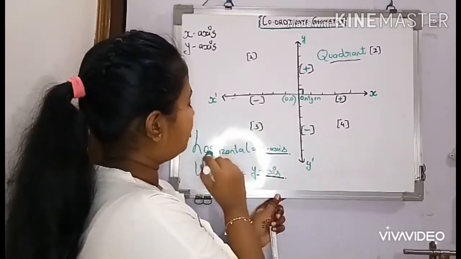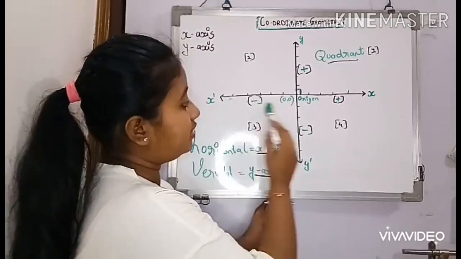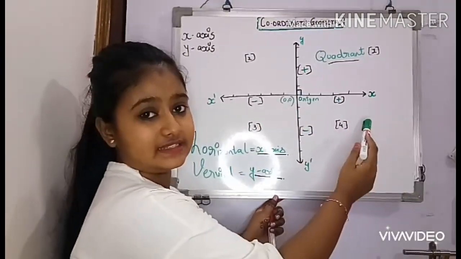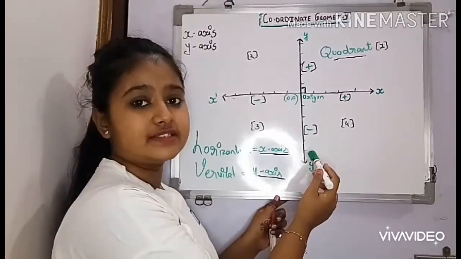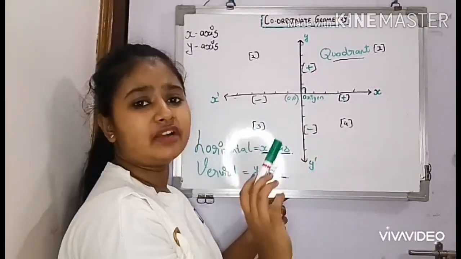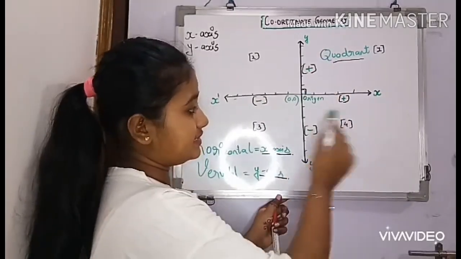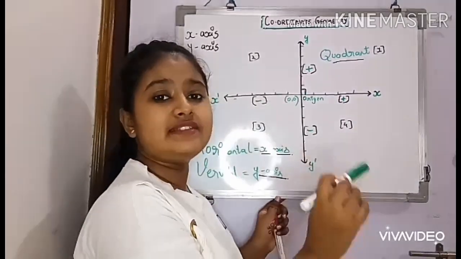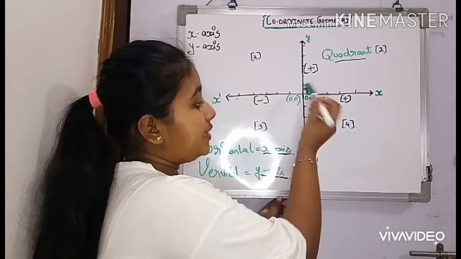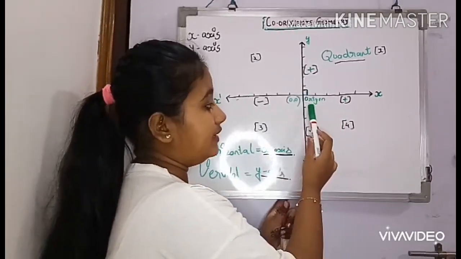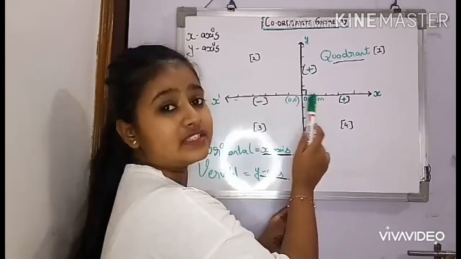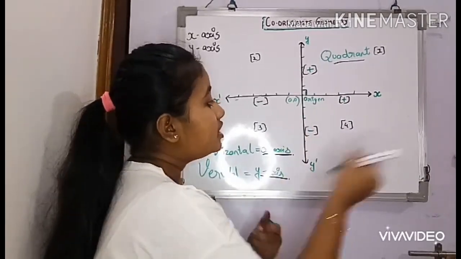Let me start with the x-axis. Here you can see that the horizontal line is called the x-axis and the vertical line is called the y-axis. Both axes cut each other at a point, and that point is called the origin, which is 0.